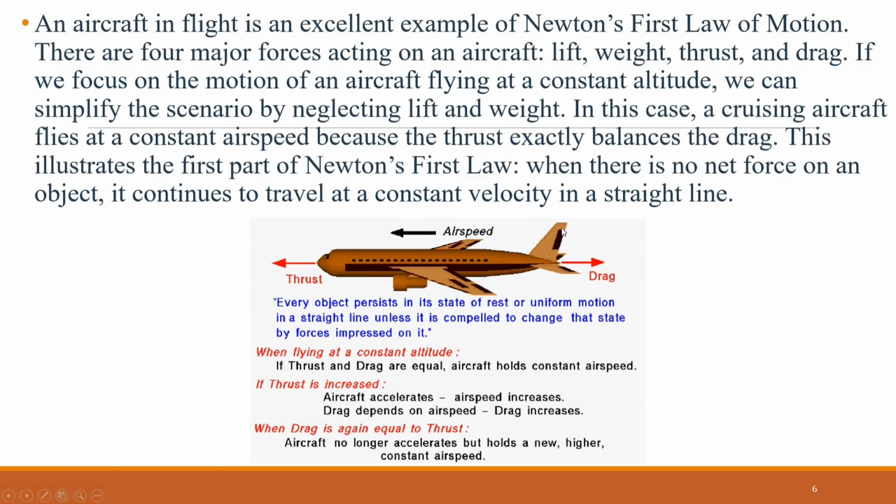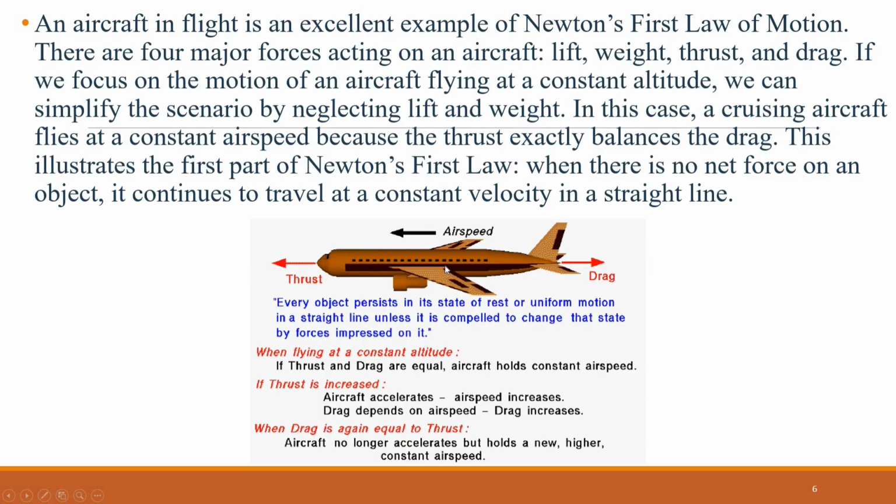The motion of an airplane when a pilot changes the throttle setting of an engine. An aircraft in flight is an excellent example of Newton's first law of motion. There are four major forces acting on an aircraft: lift, weight, thrust, and drag.